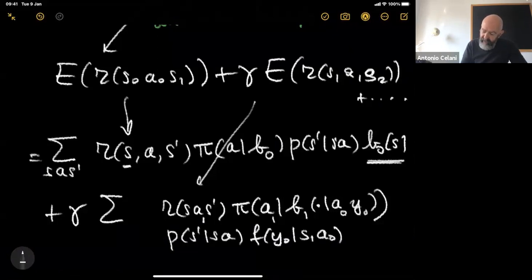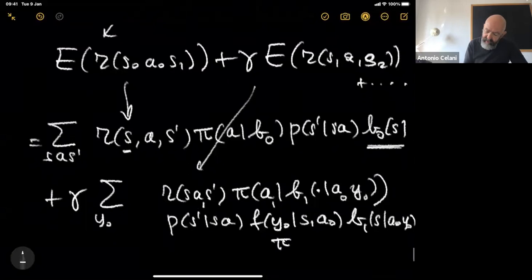Then I have my belief for the current state, which again depends on the previous action and observation. Here I think I have everything because I've summed over states, actions, observations, and I also have, of course, the policy A0.